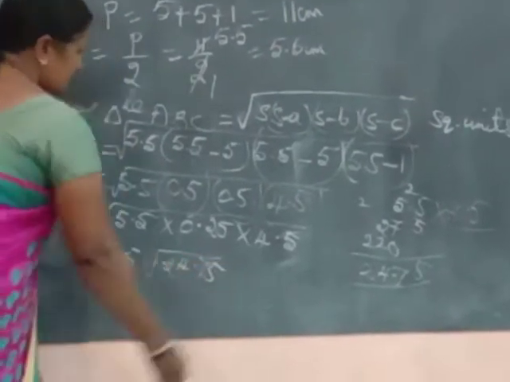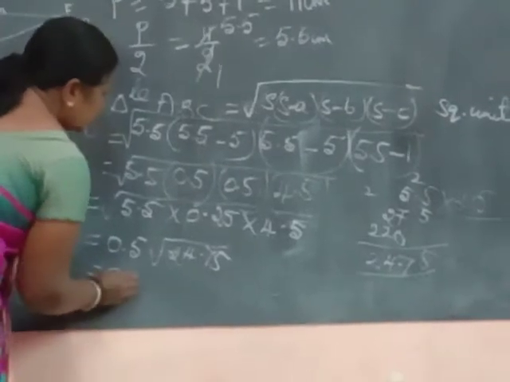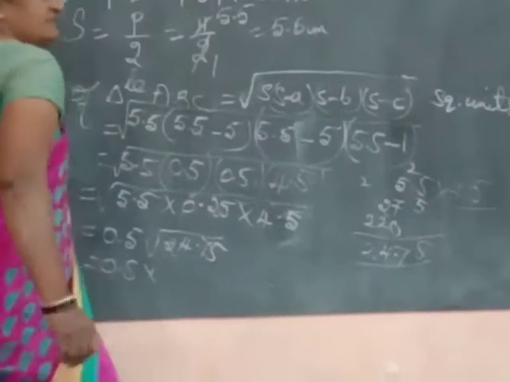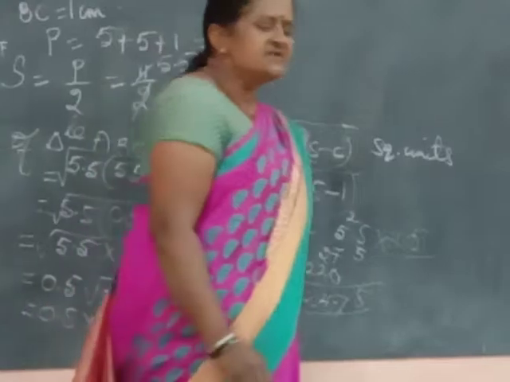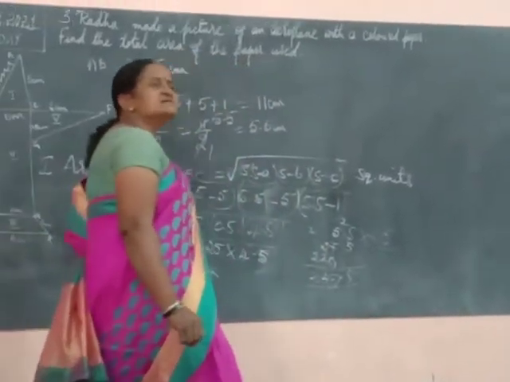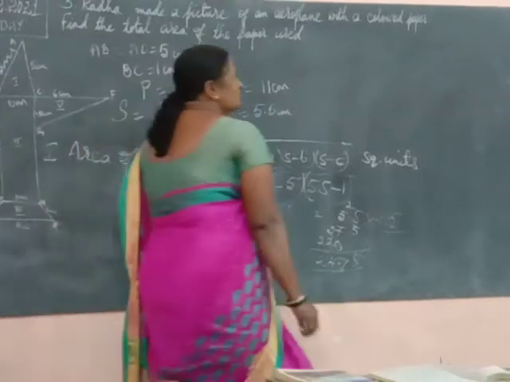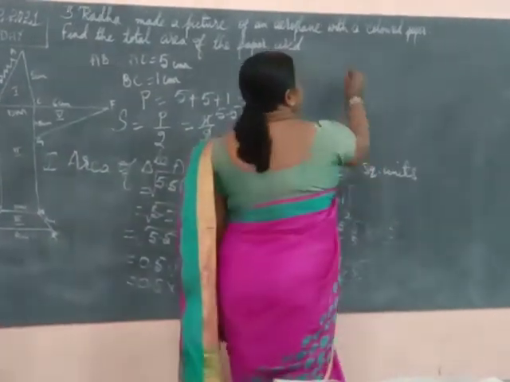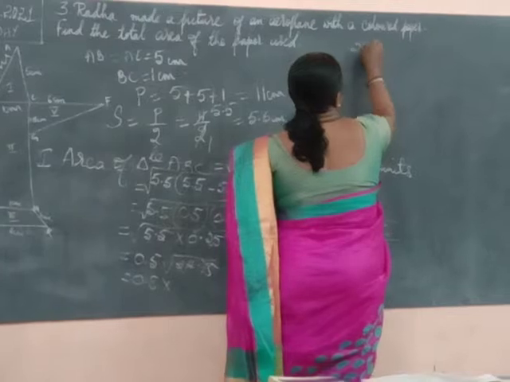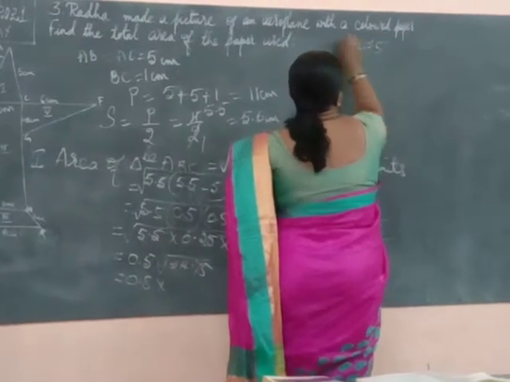So now 0.5 into the square root of 24.75. See, this one, 24.75, is not a square number. So now what do we have to do for this? We have to go for the division method. So that is the division method for 24.75.